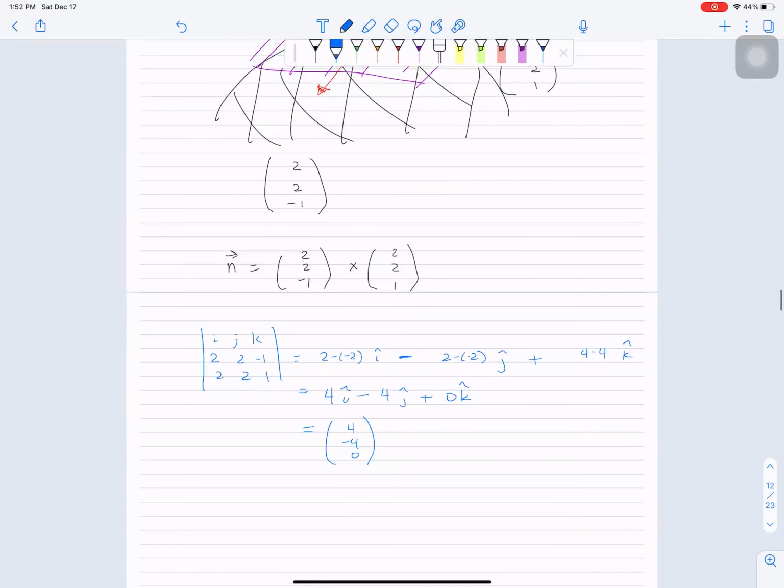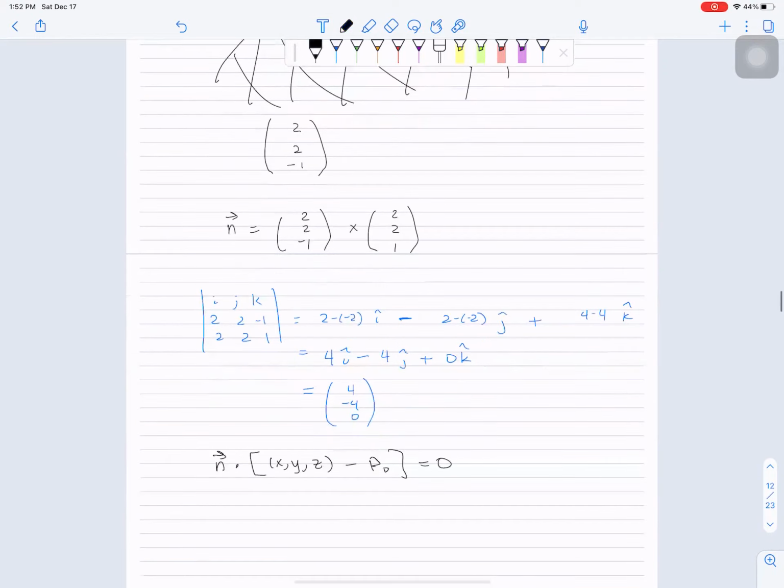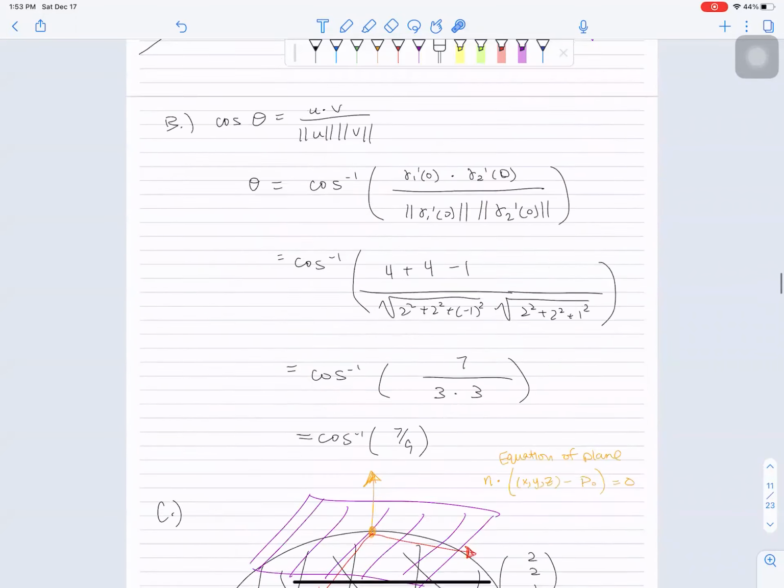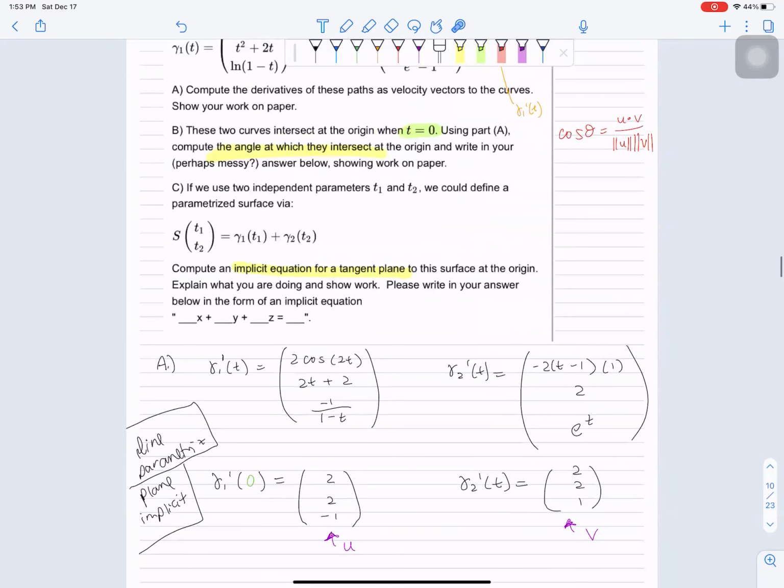So what does that mean for my equation of the plane? The equation of the plane is the normal vector dot (x, y, z minus some original point) equals 0. My normal vector is 4, negative 4, 0 dot with x, y, z. What is my original point? I know that my vectors intersected at t equals 0 at the origin.